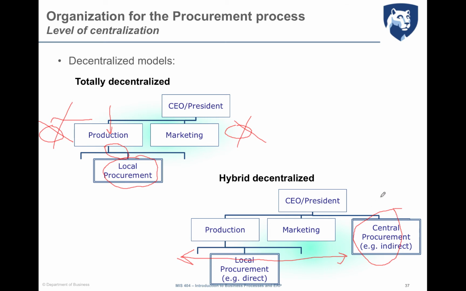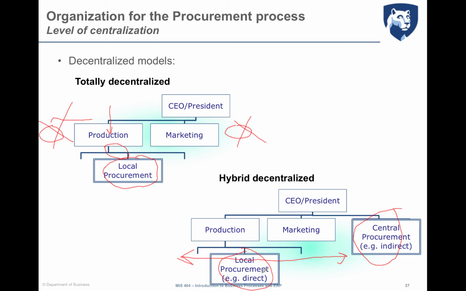So the central procurement department has responsibility only for some categories, like indirect purchasing. At the local level, like for example production plants in different geographical areas, local procurement offices are defined, directly reporting to the production function, and they have responsibility to procure all the other purchasing categories that are not under the scope of central procurement, like for example direct purchasing.